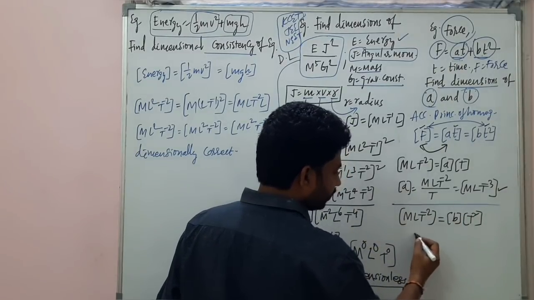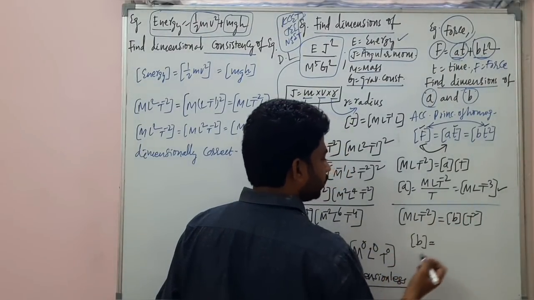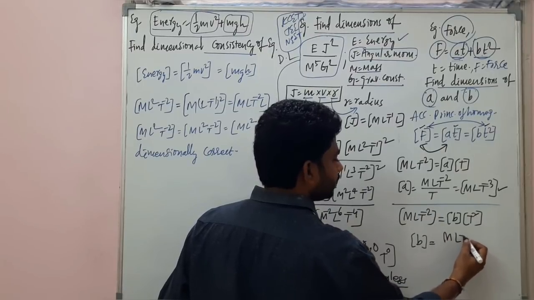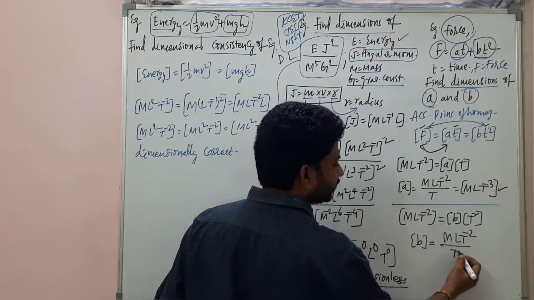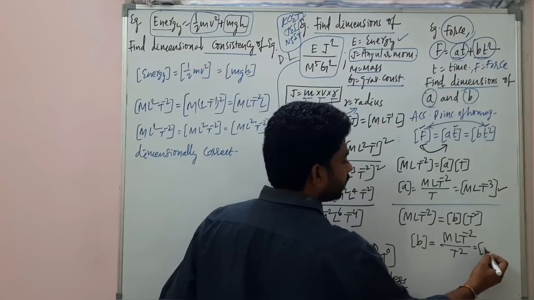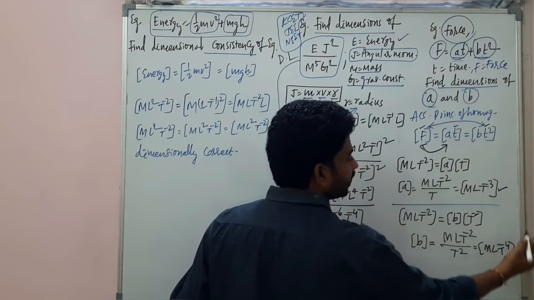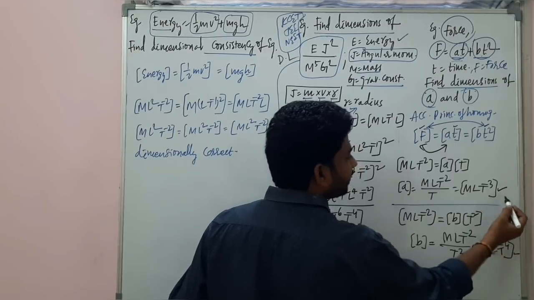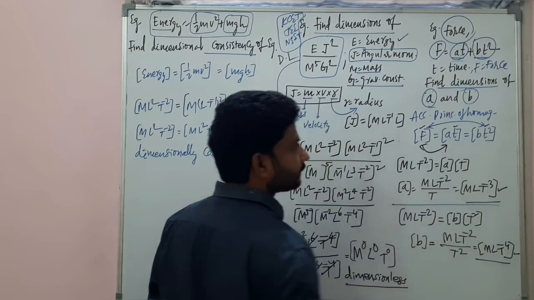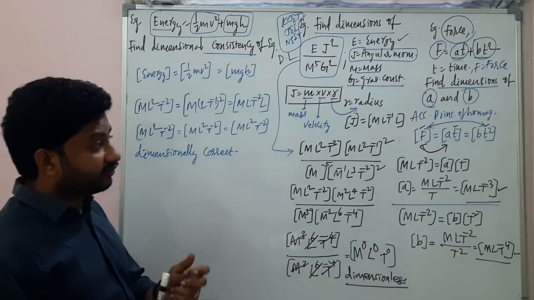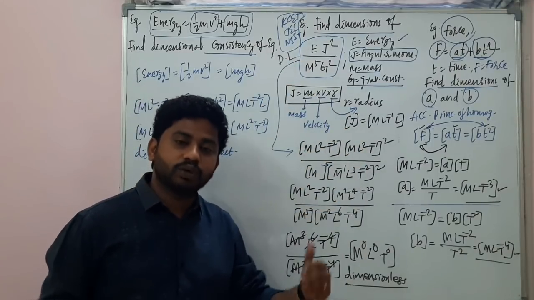Okay, so dimensions of B will be equal to MLT minus 2 by T square. So that will be MLT minus 4. See here, dimensions of A and dimensions of B both we have got.